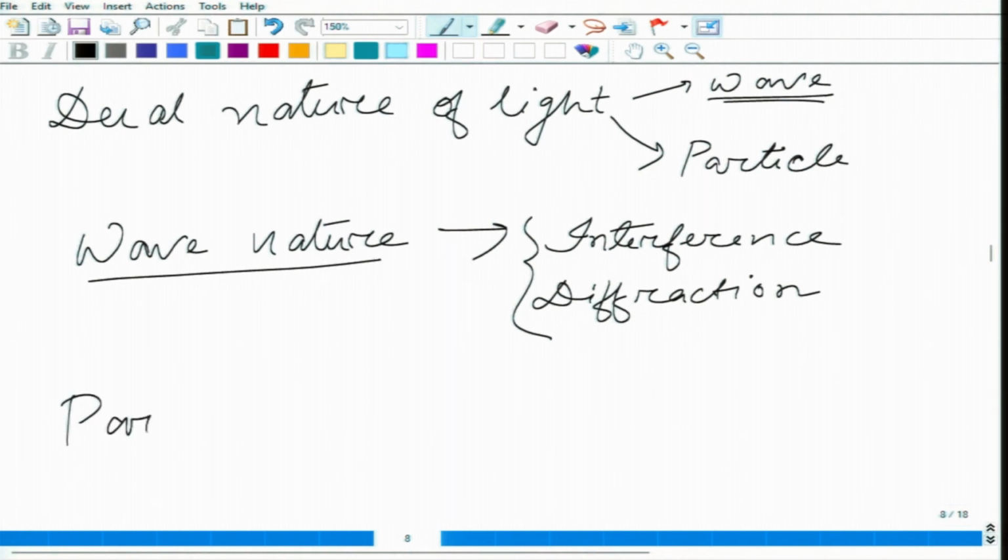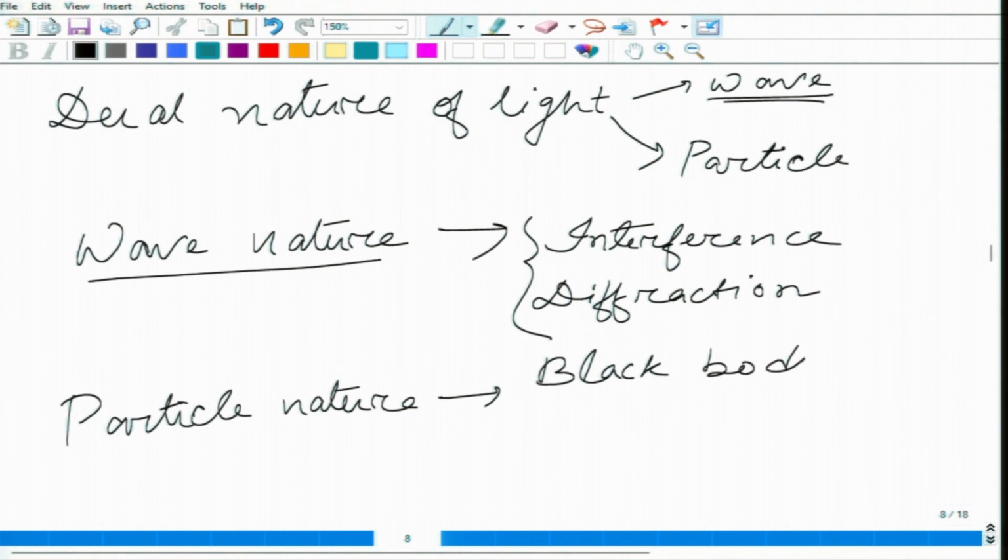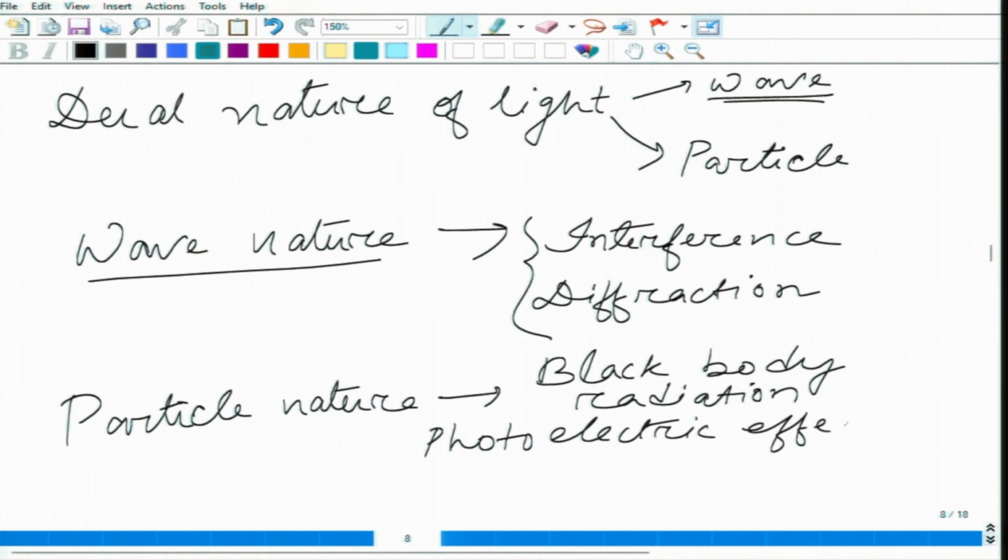And what did the particle nature explain? Particle nature explained phenomena like black body radiation, photoelectric effect, and atomic spectra.